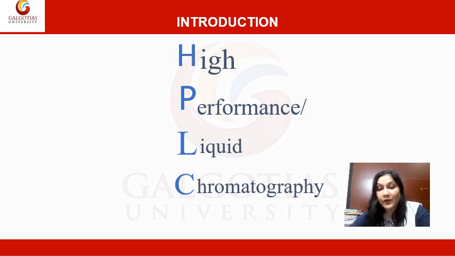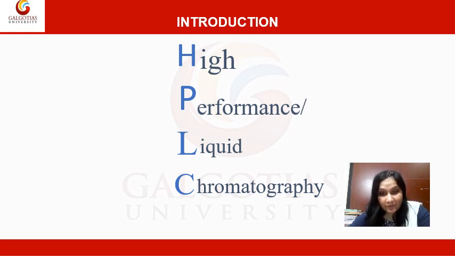Now let's recall what is liquid chromatography. This liquid chromatography is a basic type of chromatography in which the mixture of components is separated between solid stationary phase and liquid mobile phase on the basis of their affinity towards stationary and mobile phase.